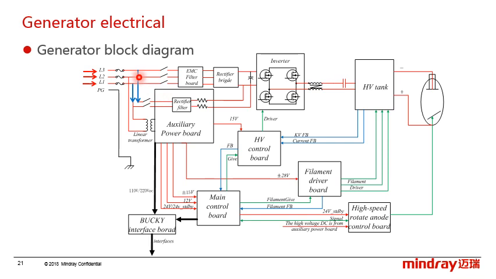The main power goes to the EMC filter first, afterwards through the rectifier bridge and the inverter to generate a high frequency voltage to the tank, and the tank will transform it to a high voltage, which provides the tube to generate X-ray.